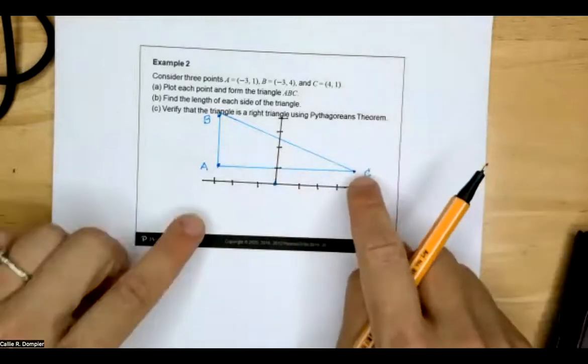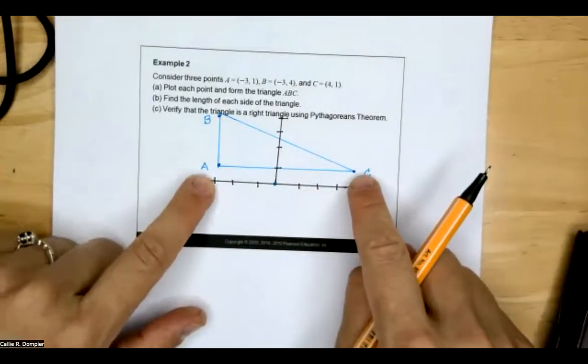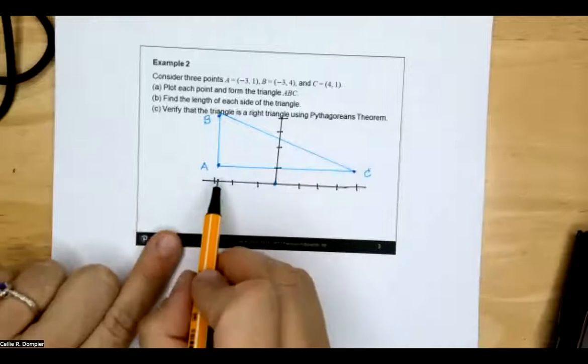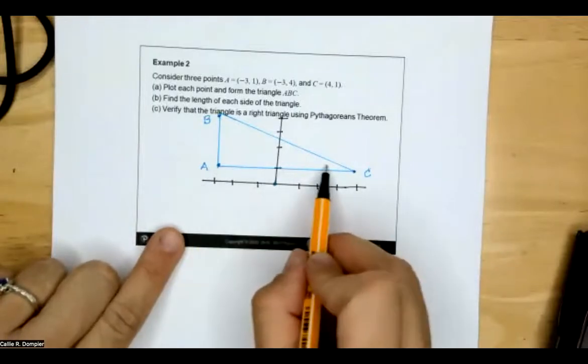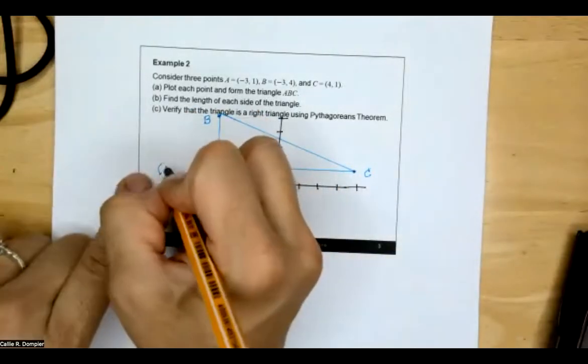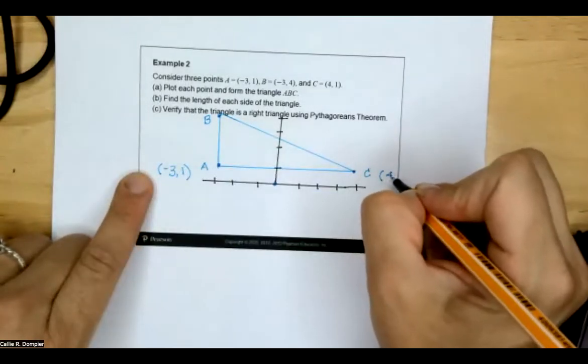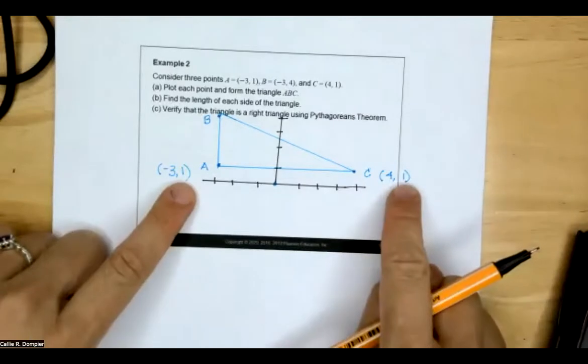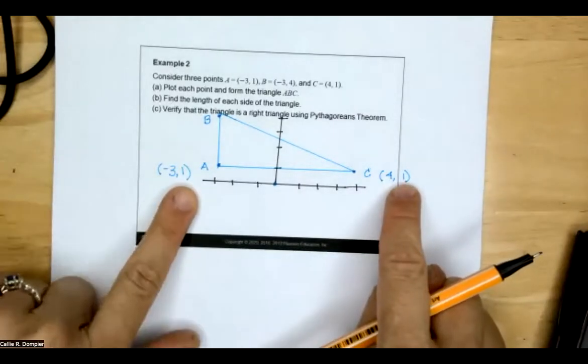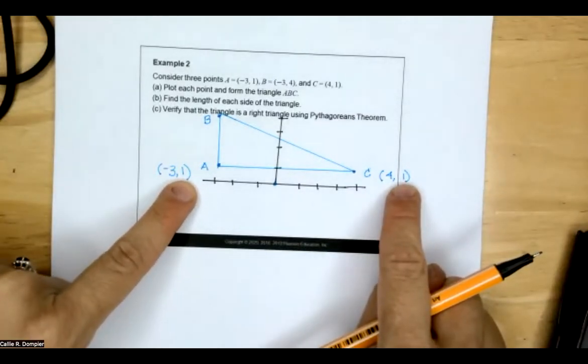So here, I can just count, right? Between A and C, because they're on the exact same horizontal line, let's put the points: (-3, 1) and (4, 1). I know that my y values will not change. That'll be 1 minus 1, which is 0.